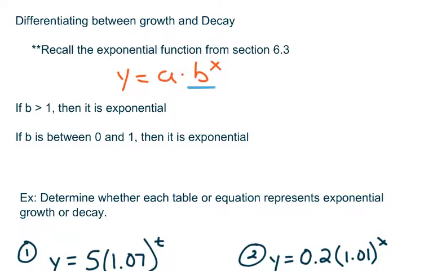So if the b value is bigger than 1, then we can say this function is exponential growth. Okay, if your b value is bigger than 1, then it's exponential growth. Now, if your b value is between 0 and 1, then it's going to be exponential decay. Okay, exponential decay. That's a really bad A over there, but we'll make it work. Exponential decay. Okay, so that's what we need to look at when we're determining whether something is growth or decay.